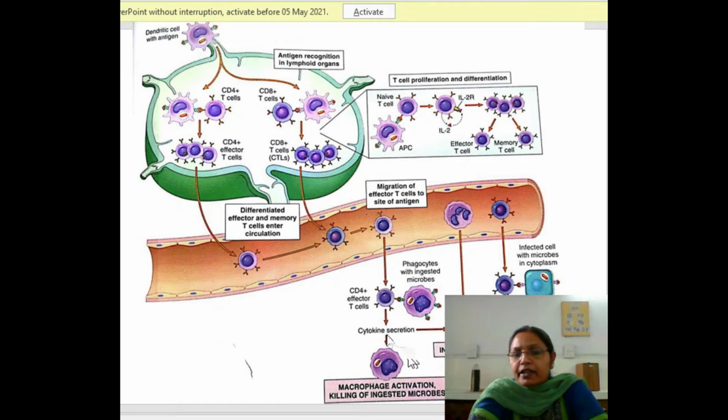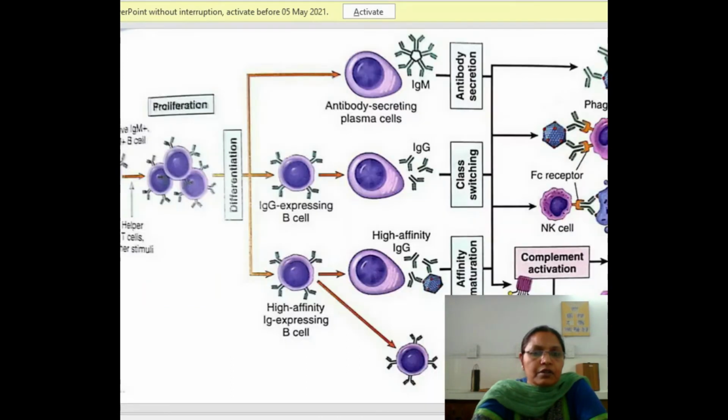On the other hand, these cytokines will also cause inflammation and recruitment of different types of inflammatory cells, particularly neutrophils, which come to the site of the antigen and cause inflammation. The CD8 T cells will cause lysis of the infected cell, and there is killing of the infected cell. So all of these we also learned about.